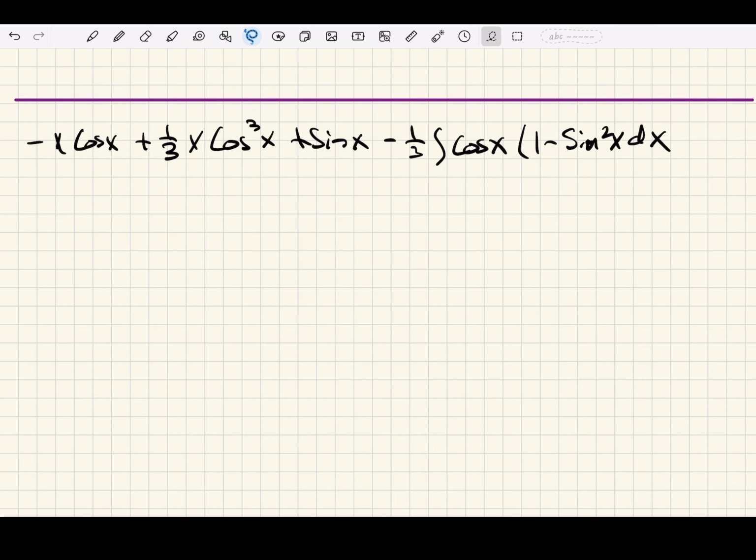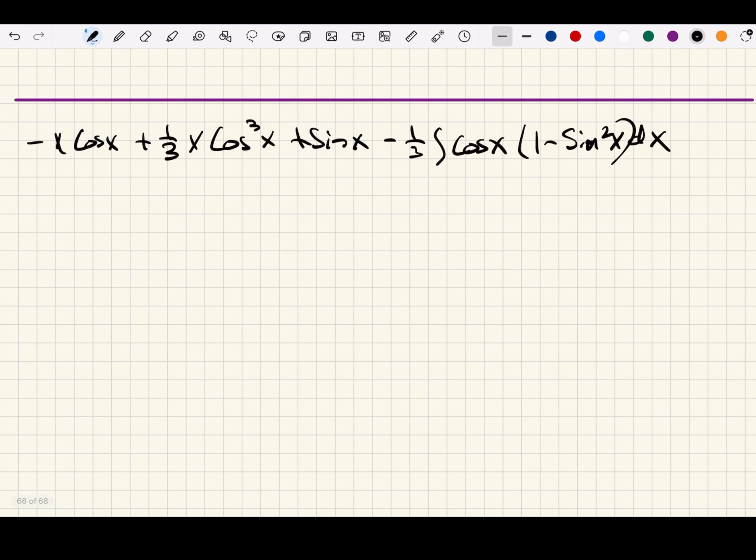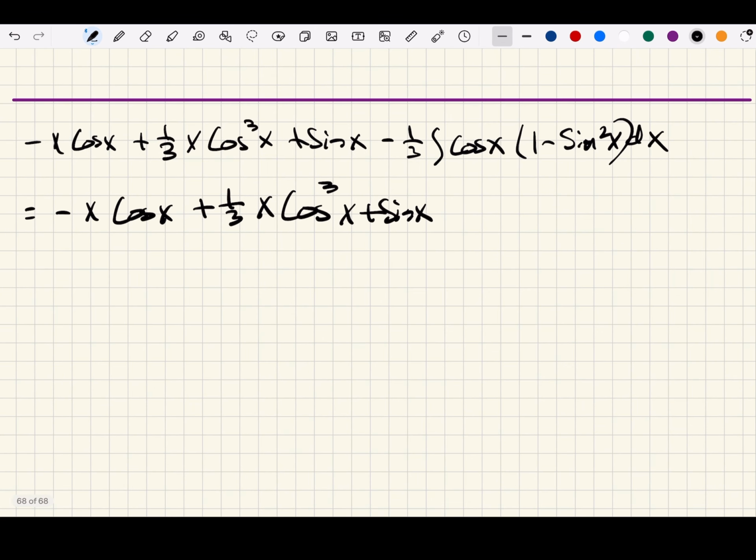Okay, so let's see. We've got minus x cosine x plus 1/3 x cosine cubed x plus sine x minus, now I'm going to make two integrals out of this.